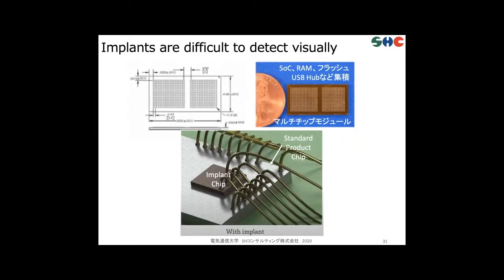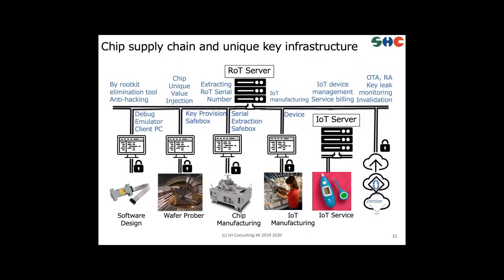And also there's the so-called implant, primarily to extract information. There's the implant chip, the standard product chip, and so on. These things seep in and get mingled into the supply chain.